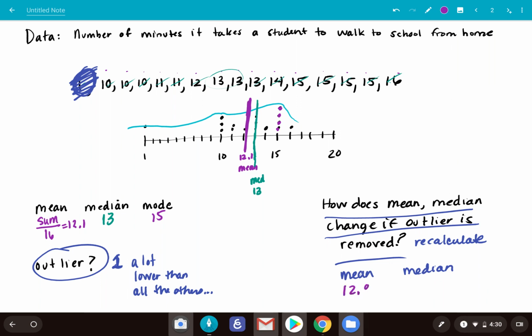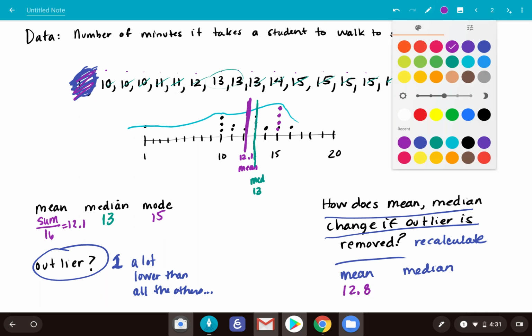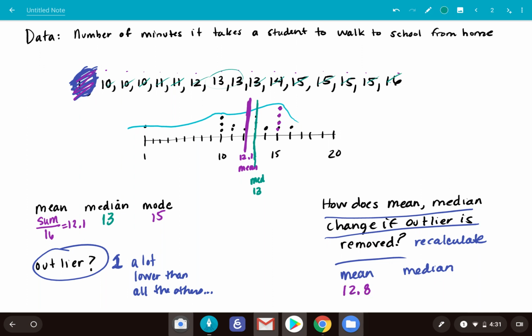So it becomes 12.8. And then for my median, if I don't include this 1, then I'm looking for the middle number, which would just be 13. So my median doesn't end up changing. But my mean is a little bit higher. So it looks like that 1 was making it seem like everybody lived a little closer to school than they really do. This was your outlier.